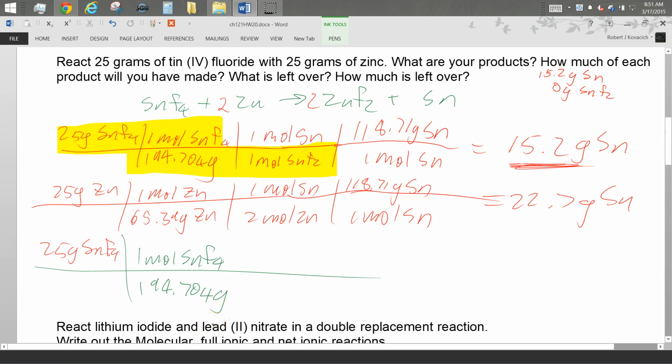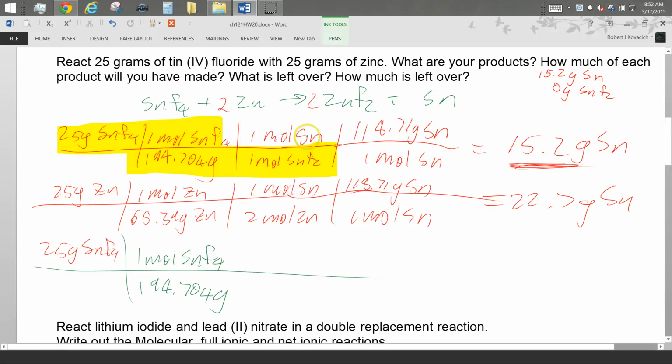But isn't there 0 tin fluoride? Correct. There's 0 grams of tin fluoride left. But I want to know how much of the zinc fluoride I made. By doing this lower one, you're also saying if you have 0 tin fluoride, how much, not only tin, but zinc fluoride of the product you're making, right?